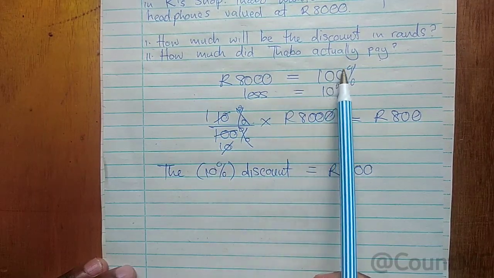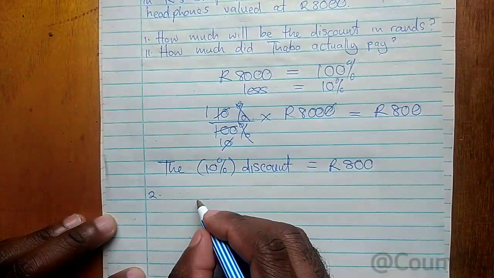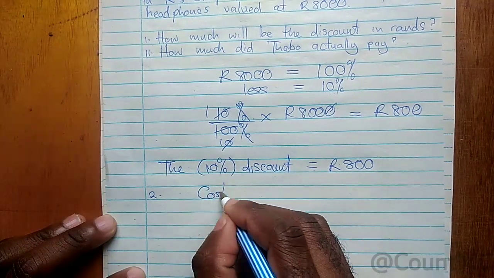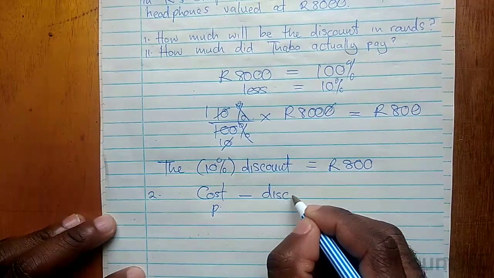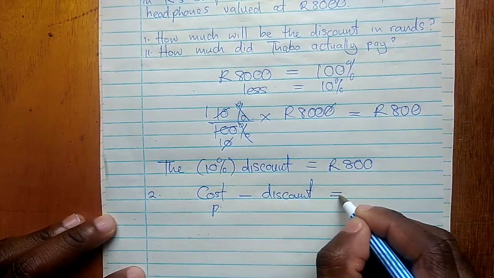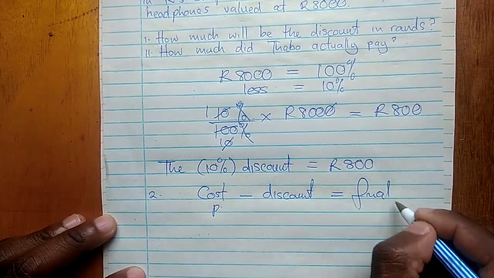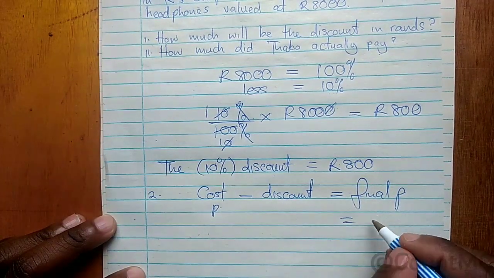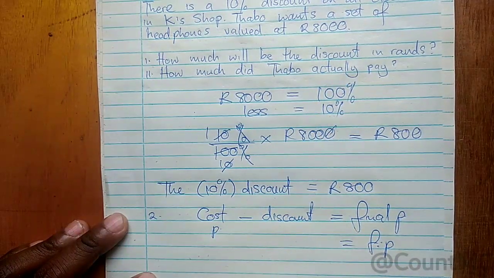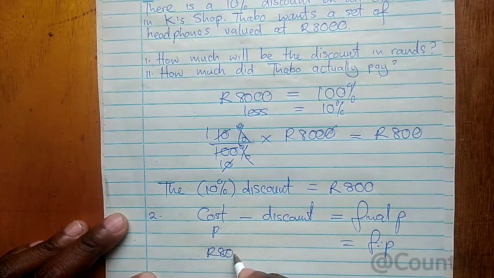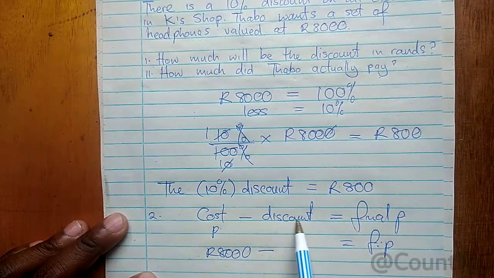How much did Thabo actually pay? So we know that if you are given a buying price or a cost price and you subtract your discount, you will find the final price which someone pays. Okay, so the cost price or the original price was 8,000 rands minus the discount.